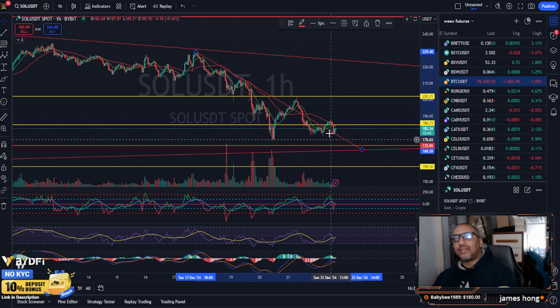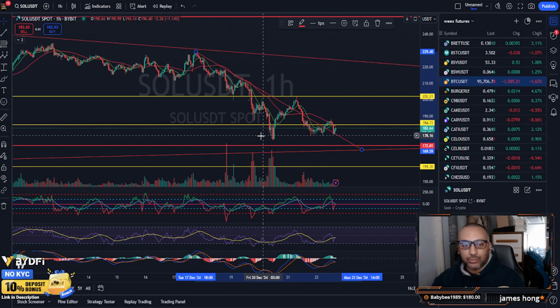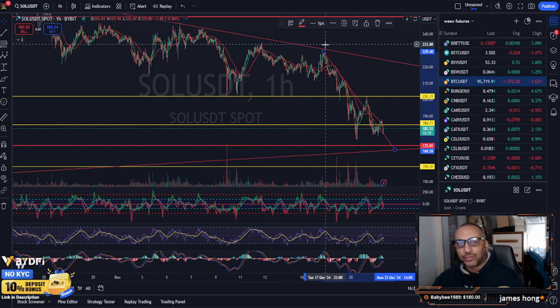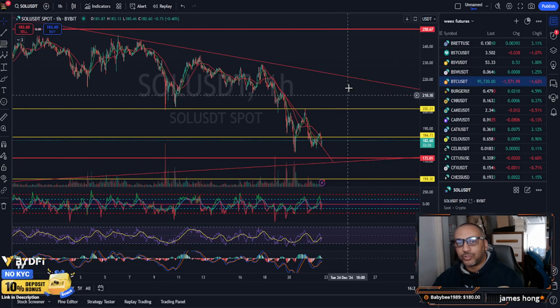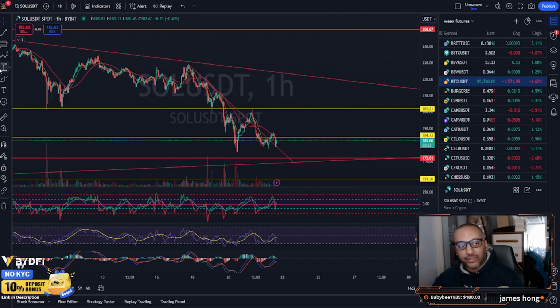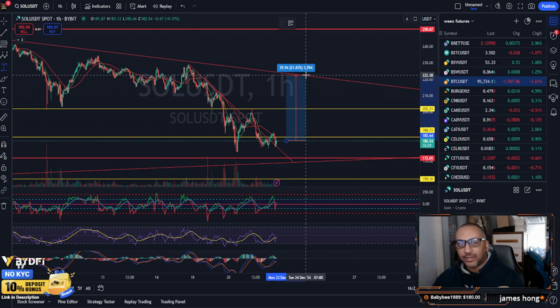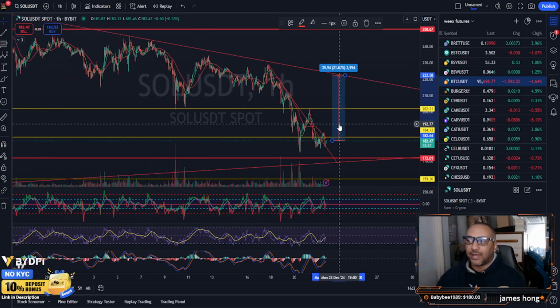So this is a sign the trend could be reversing for Solana. You've been traveling down sharply. You could start moving up to your demand line. And with that being said, we could see Solana move up something like 21% upside.